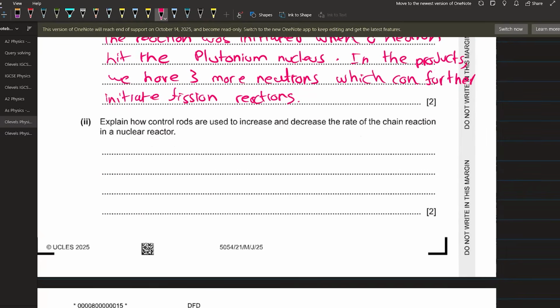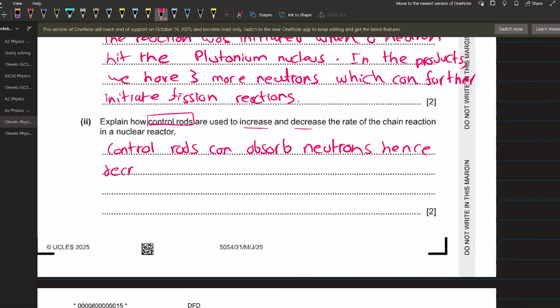Explain how are control rods used to increase and decrease the rate of the chain reaction in a nuclear reactor. बेटा ये जो कंट्रोल रॉड्स हैं वो इंक्रीज डिक्रीज किस तरह करती हैं रेट ऑफ रिएक्शन को. कंट्रोल रॉड्स कैन एब्जॉर्ब न्यूट्रॉन्स, hence decreasing the rate of reaction. बेटा कंट्रोल रॉड्स क्या कर सकती है, एब्जॉर्ब कर सकती है न्यूट्रॉन्स को. यू कैन राइट कंट्रोल रॉड्स कैन एब्जॉर्ब न्यूट्रॉन्स, hence decreasing the rate of reaction.